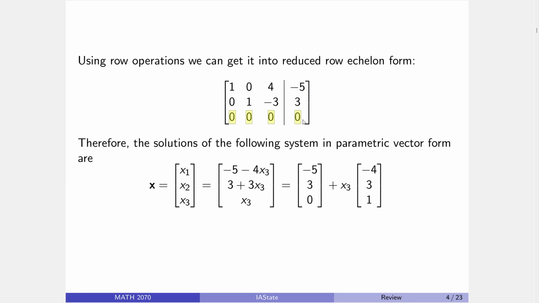There's no pivot column associated with the third column, so the third variable, x3, is in fact a free variable, as we see here, and ends up being the parameter that shows up in our system. So there we go. We have solved our system of linear equations using row operations.